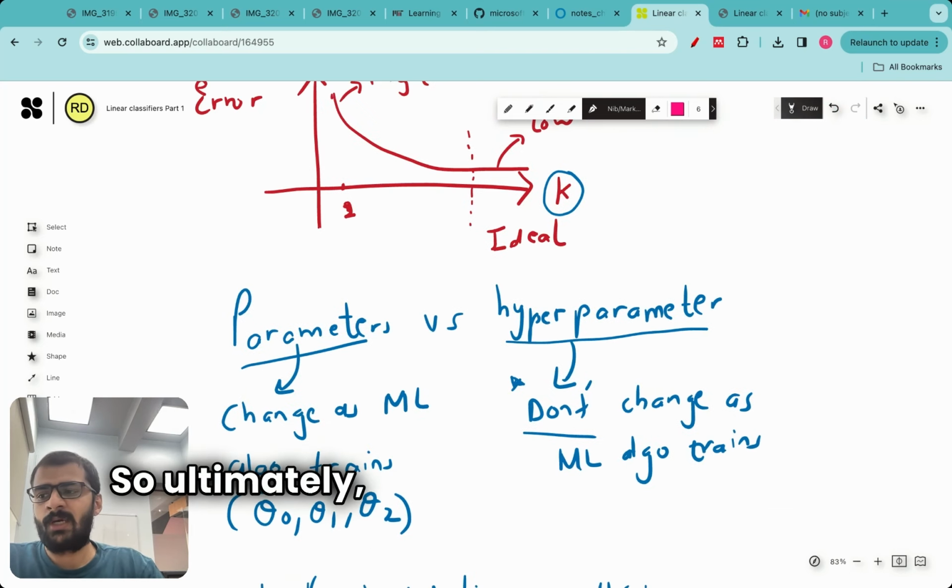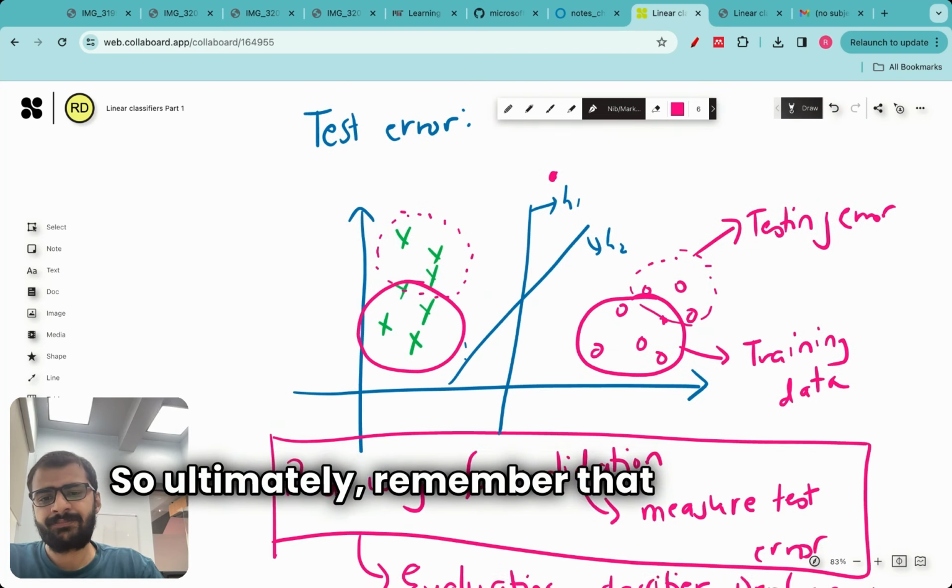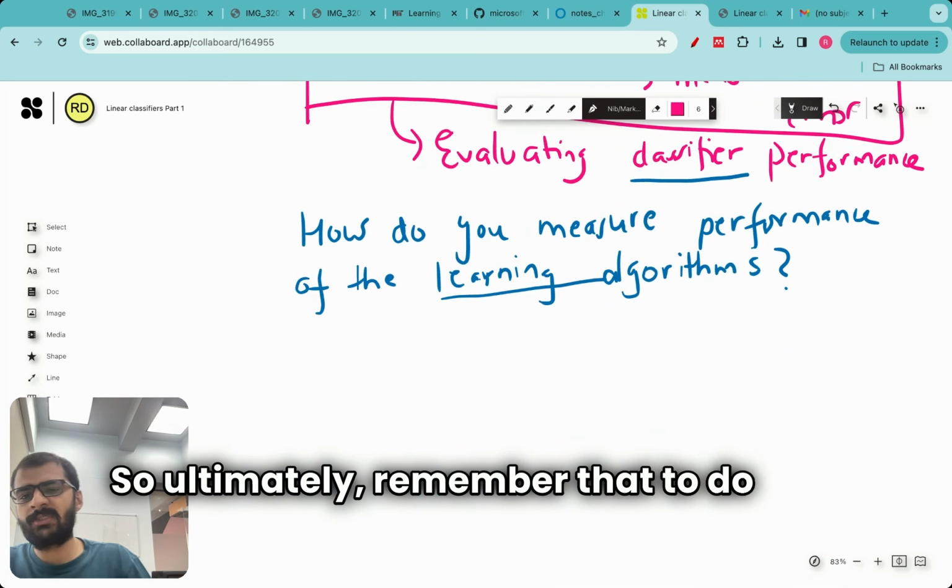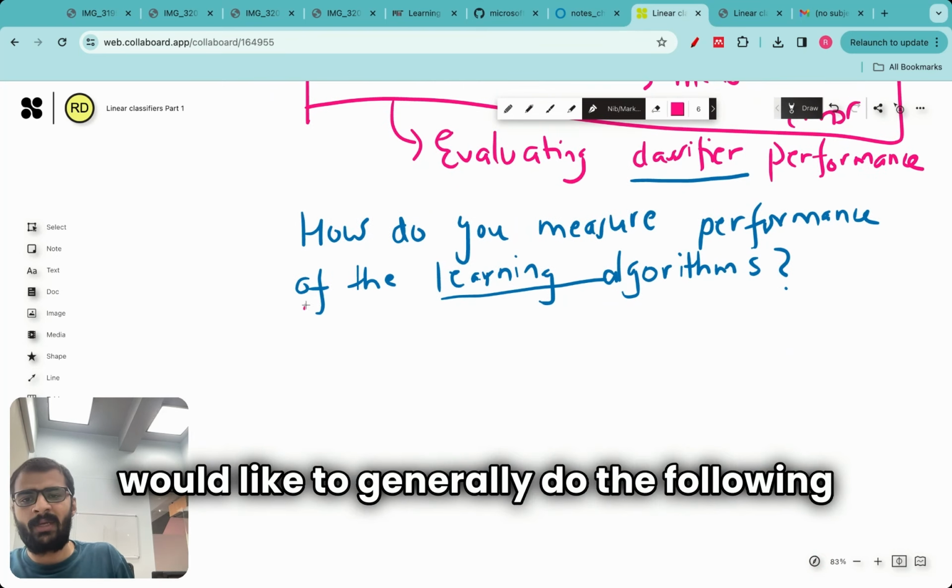So ultimately, remember that to do this, we would like to generally do the following, right?